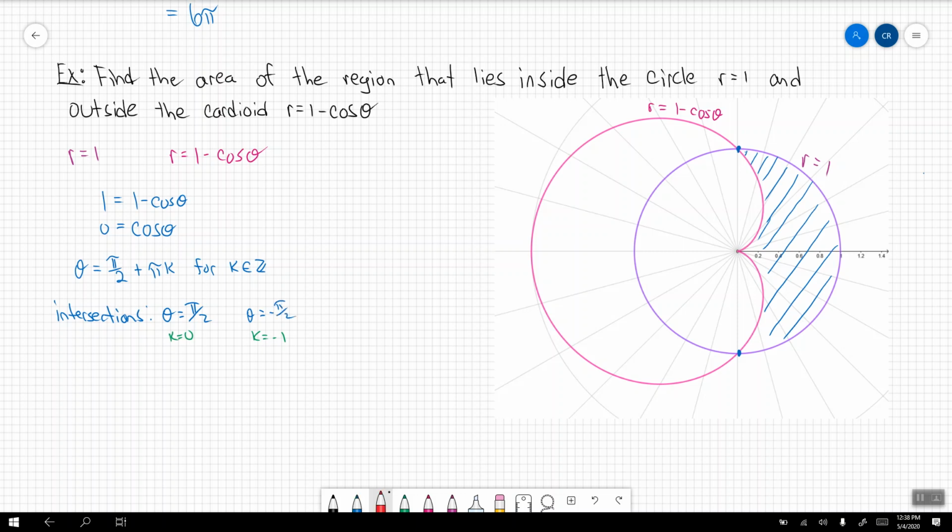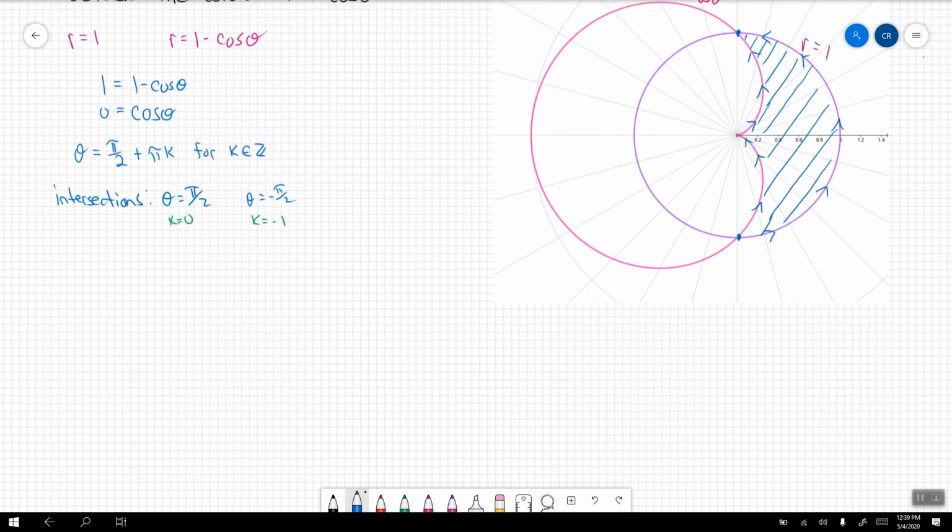Will that be increasing in the positive direction, in this direction? Yes, it will, for both of these graphs, which means we are on the right track now. So we found the values we need: theta equal to pi halves, and theta equal to negative pi halves.